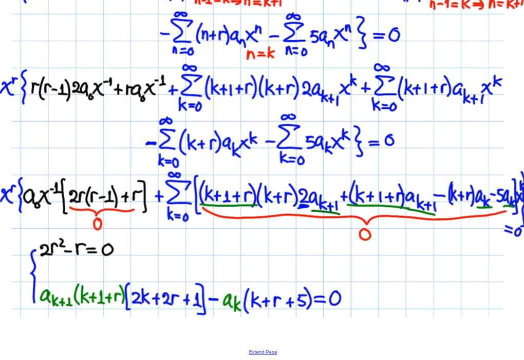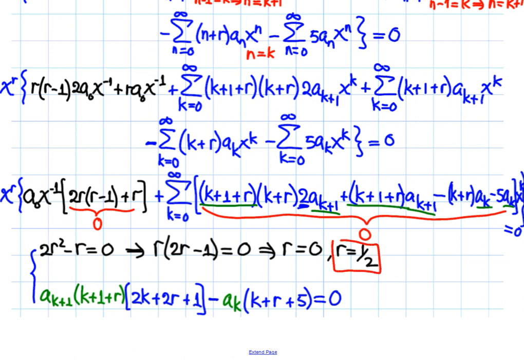The top equation, the indicial equation, gives us r: factor out an r. We have 2r minus 1 equal to 0. So r equal to 0 or r equal to 1/2. Each one of them will give a different solution. I'll focus on only the x to the 1/2 here.